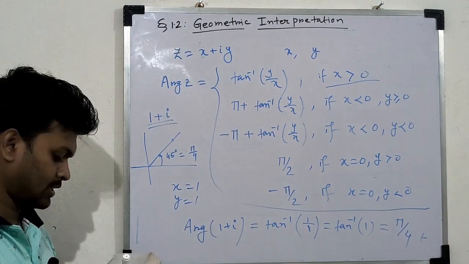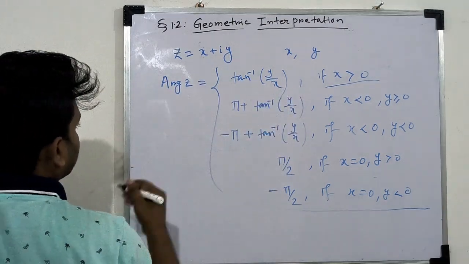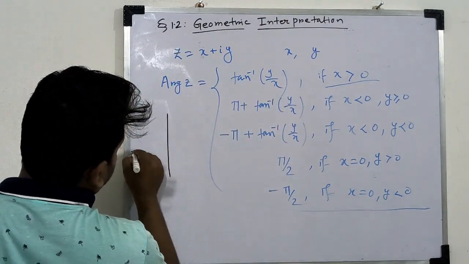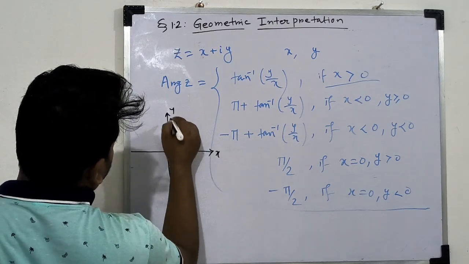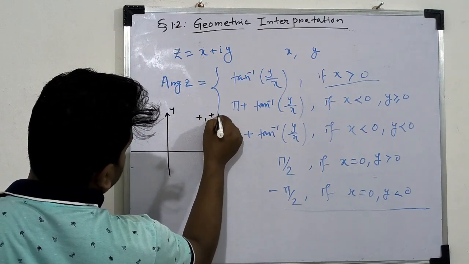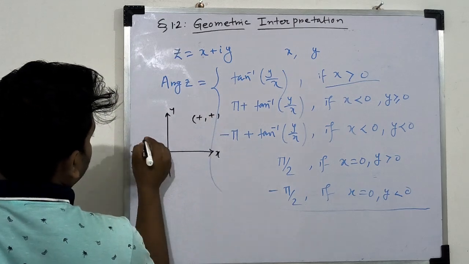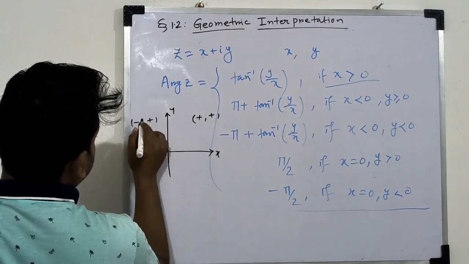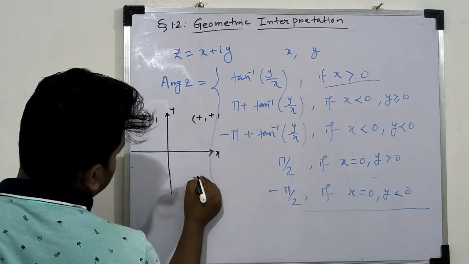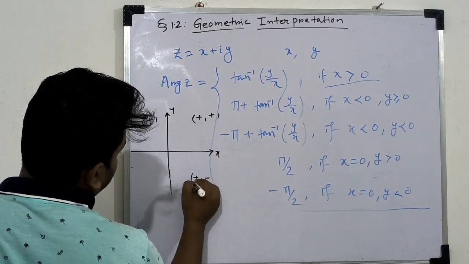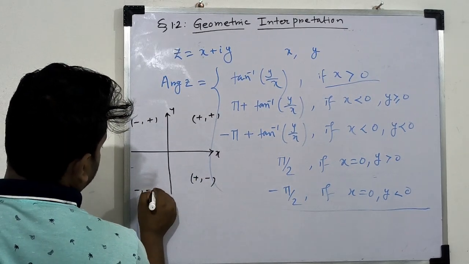That's it. This formula can also be understood in the xy plane. This is x, this is y. When both are positive, we are in this region. Here x is negative and y positive, in this region x positive and y negative, and in this section both are negative.